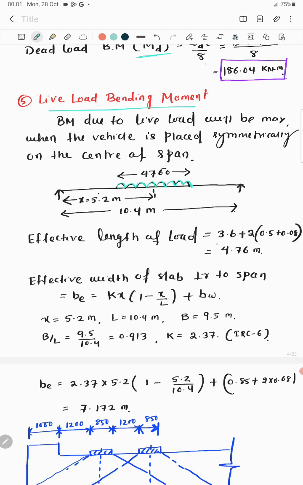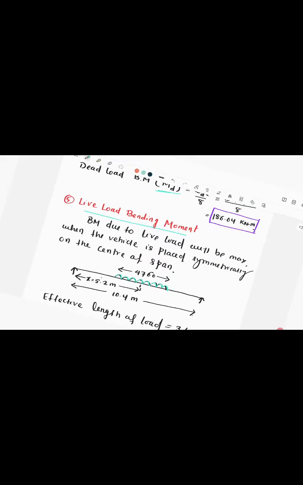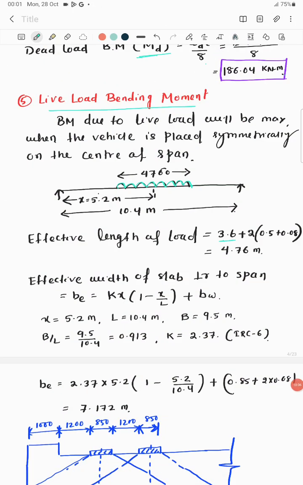So the effective length of load can be calculated by following the formula given in IRC 6, that we have already discussed in design of slab culvert, that is 3.6. 3.6 is the wheel contact area along the span plus 2 times thickness of the slab plus the thickness of wearing coat. So this is coming to be 4.76 meter.